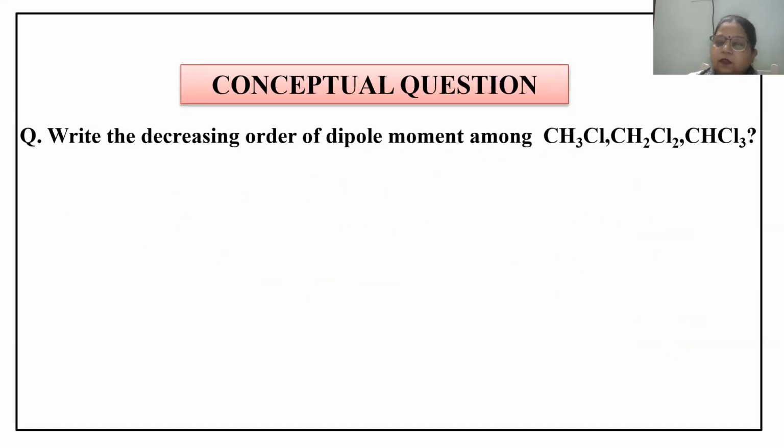Okay. Now, this question. Write the decreasing order of dipole moment among CH3Cl, CH2Cl2, CHCl3. Let's take a minute to solve this.